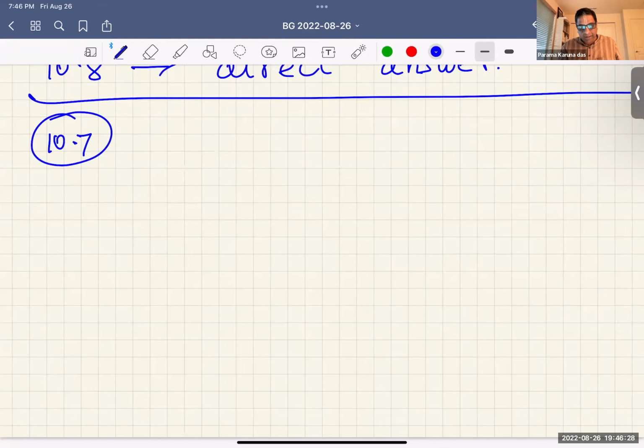Would you agree? If you have seriously studied Bhagavad Gita, everybody would agree that these 8.5 and 8.7 are at the topmost of the verses of Bhagavad Gita. They would appear in the top 10 verses of Bhagavad Gita. And in both places, Lord Krishna is saying, yati na atra sanshayah or asamshayah.